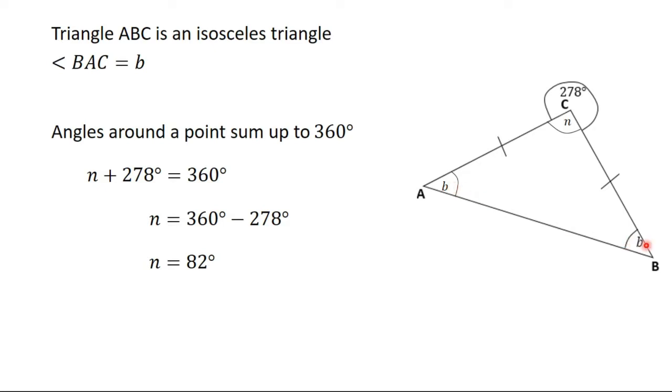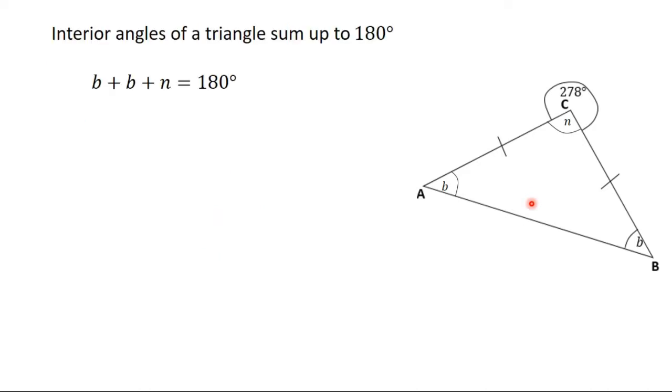Here is B, here is B. So we can add the interior angles and equate them to 180 degrees, because we know that the interior angles of a triangle sum up to 180 degrees. So B plus B plus N will give us 180 degrees. We have already found N to be 82 degrees.